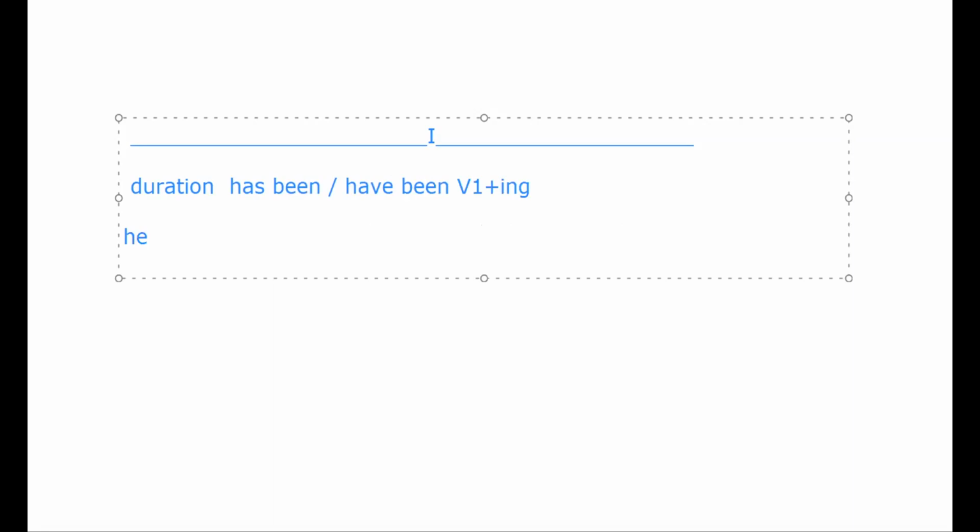Okay, now let me give one example here. He watched the movie for 2 hours. It means maybe somewhere he started here, and by that I started measuring the time, and up to here 2 hours, and he doesn't stop here.